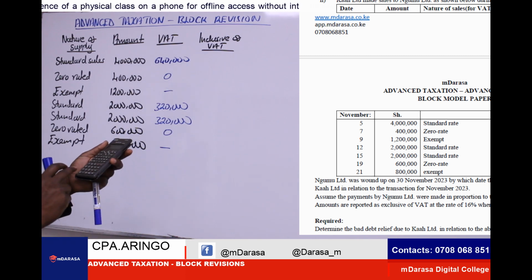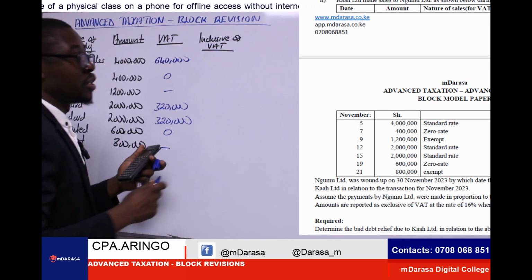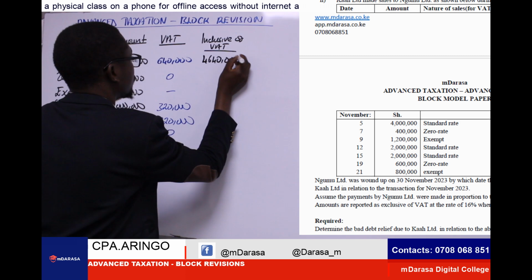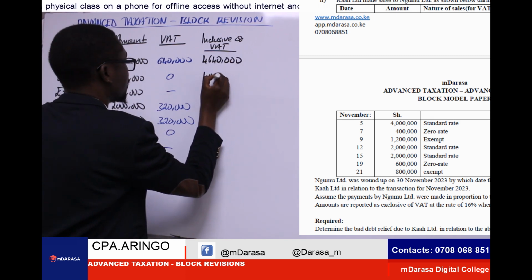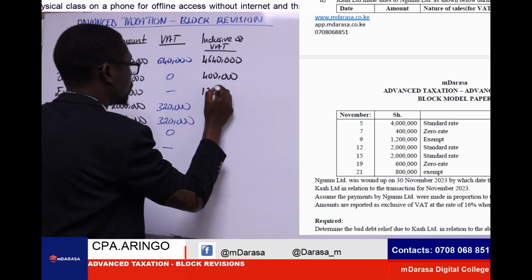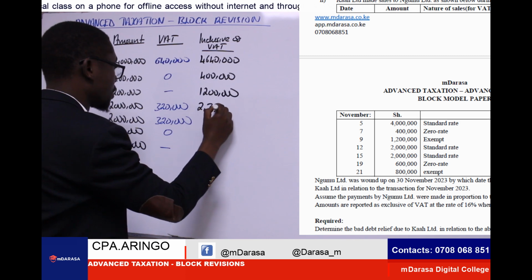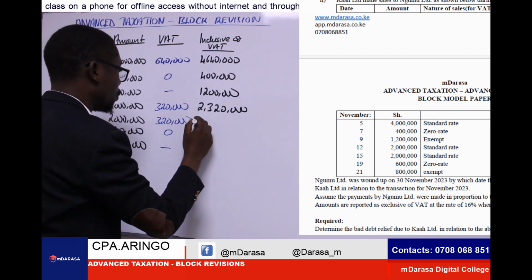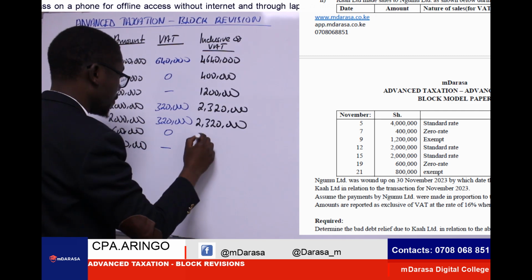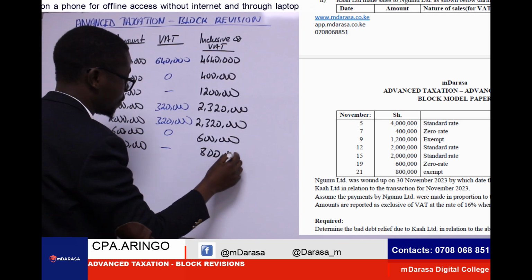Amount inclusive of VAT, therefore, I'll be having 4 million plus 640,000, which gives us 4,640,000. Then 400,000 for zero rated, exempt 1.2 million, then 2,320,000, then 600,000 and 800,000.